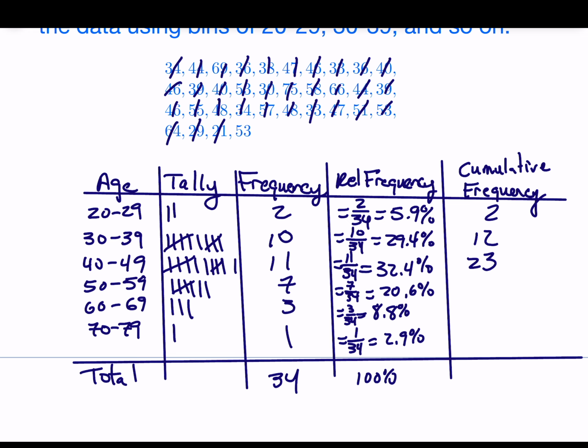We add 7 to 23 to get 30. 3 to 30 to get 33. And finally, 1 to 33 to get 34, which is our total. That is how you create a frequency, relative frequency, and cumulative frequency table. That's all for this example. And now we'll move on to discuss the last topic for this section, histograms.